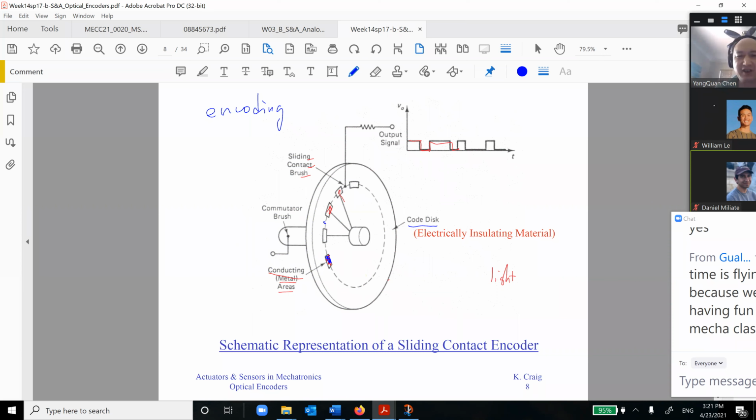If you go to here, this is not contacted. If you go to this contacted area, it's like a window, so the circuit is connected. So you get a very interesting pulse like this. This kind of magnetic way, using contact rather than the optical way, is also sometimes used.